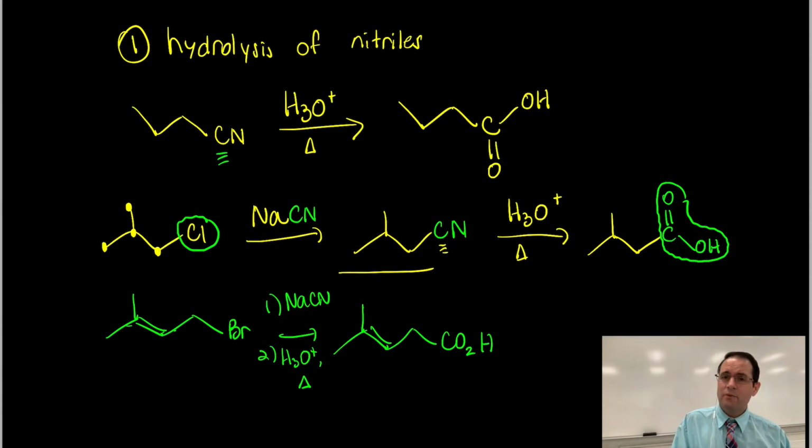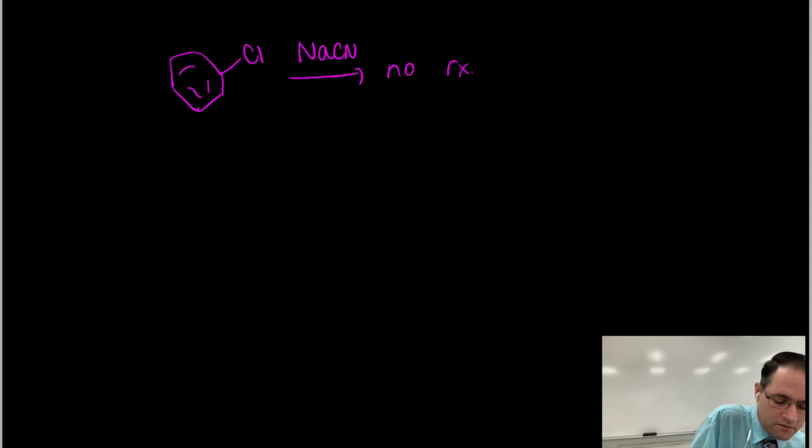Now remember that when you treat an alkyl halide with sodium cyanide, that goes through an SN2 reaction mechanism, and this won't work on tertiary or vinyl or aromatic halides, okay? So if you have something like this, and you treat this with sodium cyanide, there's no reaction, okay?